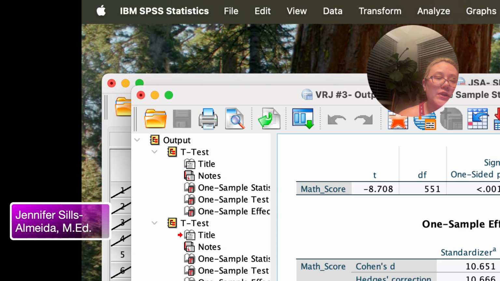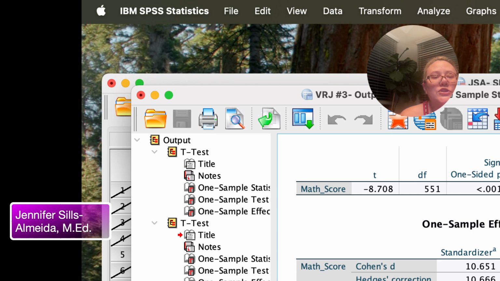So let's go ahead and look at the one sample statistics first. The first thing that we need to look at is the N. So what is the N? Well, the N would be the number of students. In this situation, we have 552 8th grade students that we're looking at their math scores. So the N stands for pretty much the students.